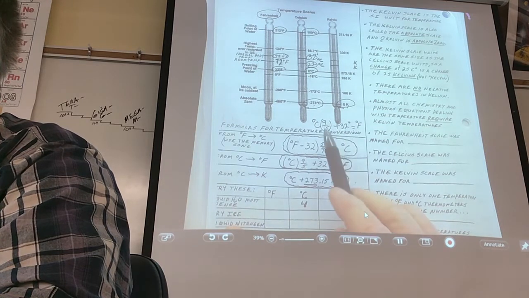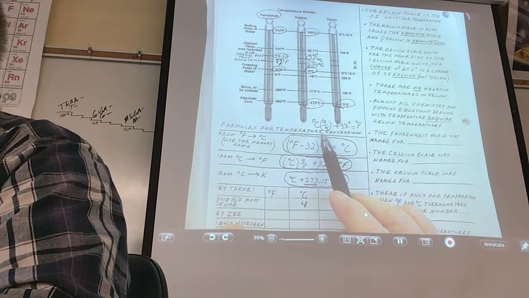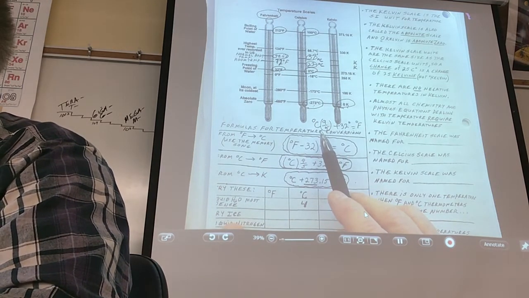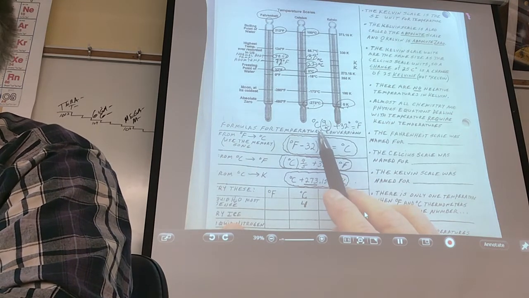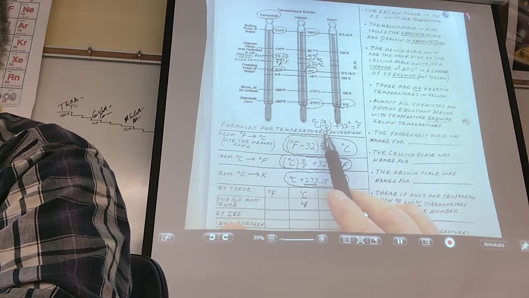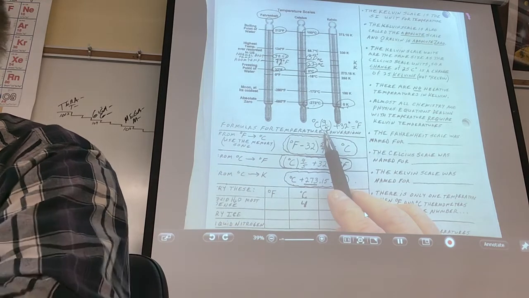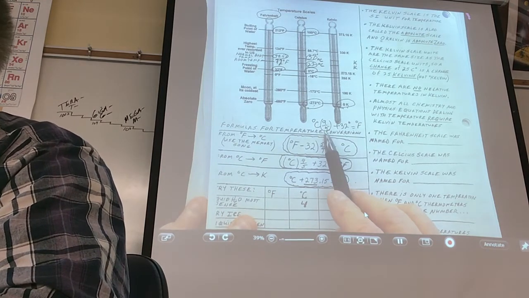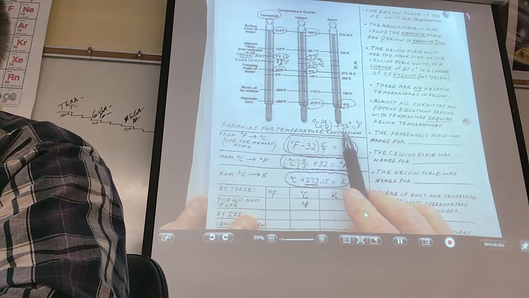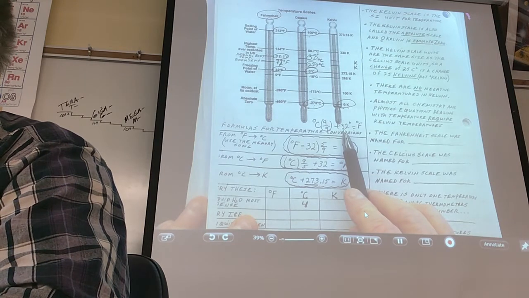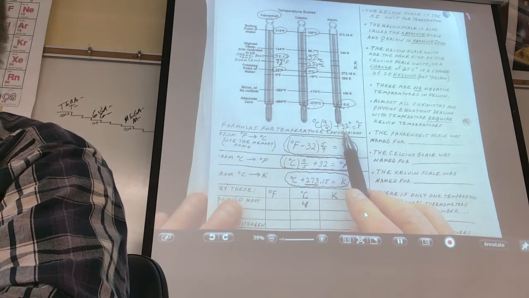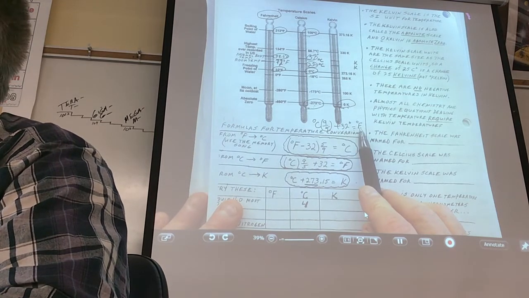What is boiling water in Celsius? 100. Let's put it in here. What's 100 times 9/5? 180. Add 32? 212. And that works, doesn't it? Boiling water is 212 Fahrenheit, isn't it? Let's try another one.